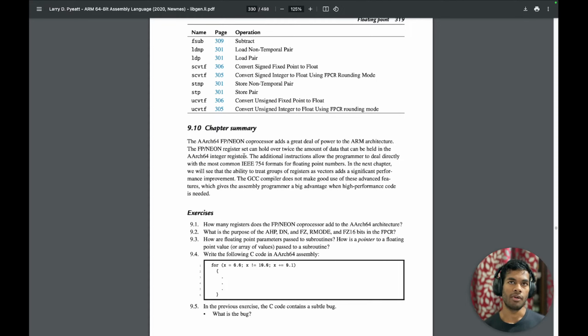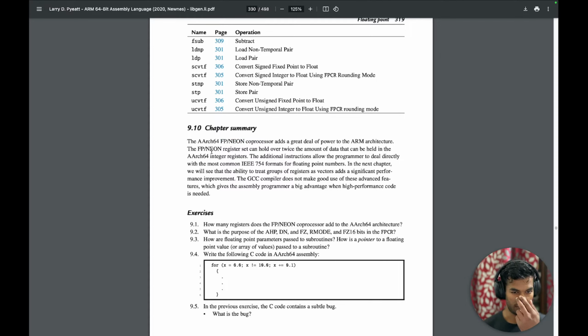We do not have a coprocessor that is separate from the main processor. Instead, we have a unit inside the processor itself that is used to implement the FP Neon instruction sets. And the AArch64 assembly has been extended so that the main processor, the general purpose processor control unit, can be used to perform instructions on the Neon FP unit.